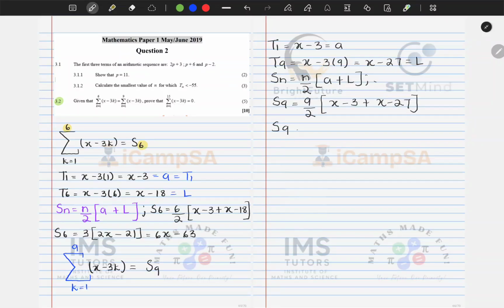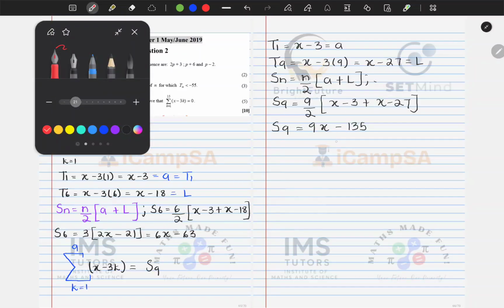And you will see that our S9 will be equal to 9x minus 135. So if you go ahead and do the maths, you will see that S9 is 9x minus 135.